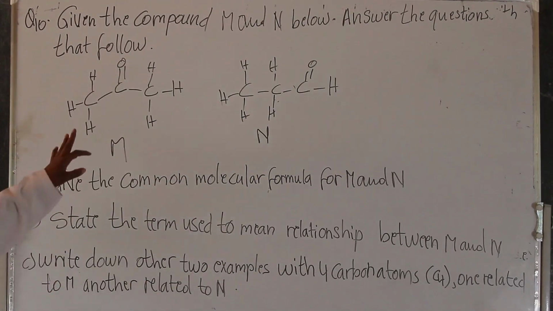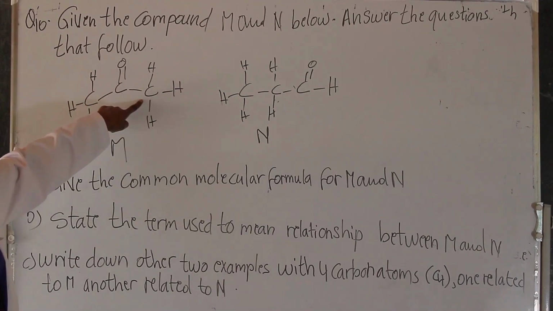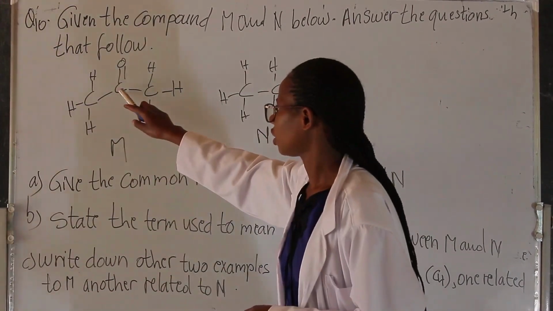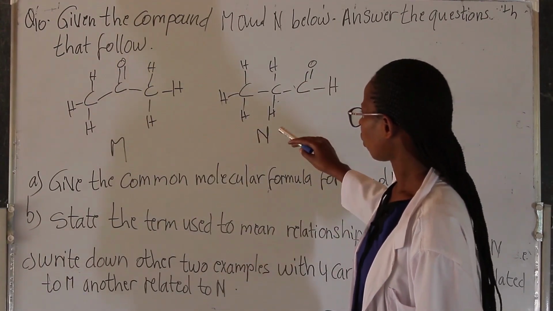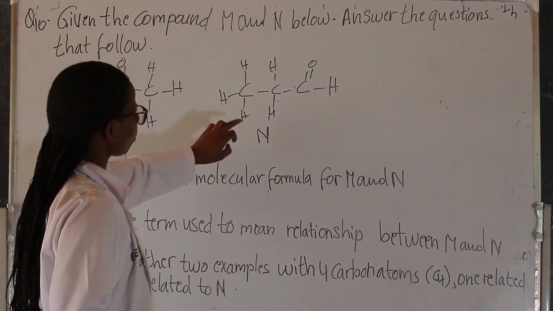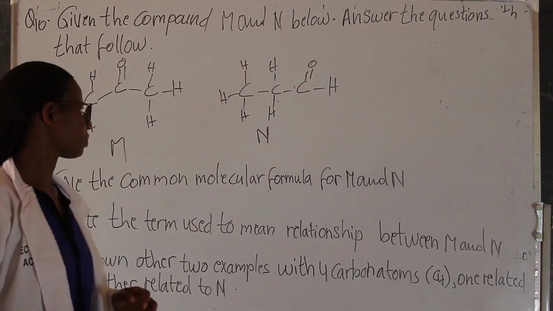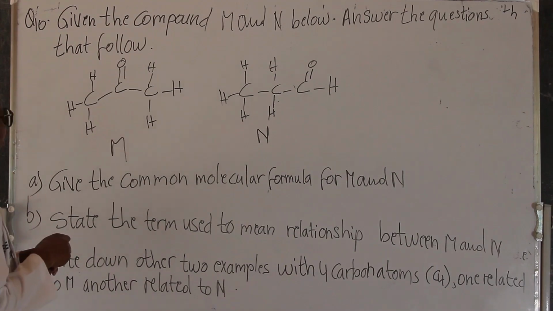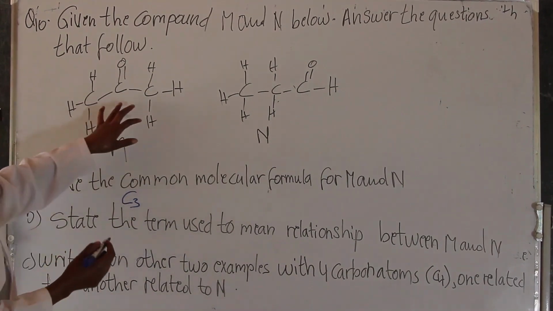Here, if you see, this molecule M has 1, 2, 3 carbons with 1 oxygen, and the oxygen is bonded on this carbon, which doesn't have any other hydrogen. This means that this is a ketone, and here we also have 1, 2, 3 carbons with 1 oxygen. This means the molecular formula of this compound can be C3, as carbons are 3.